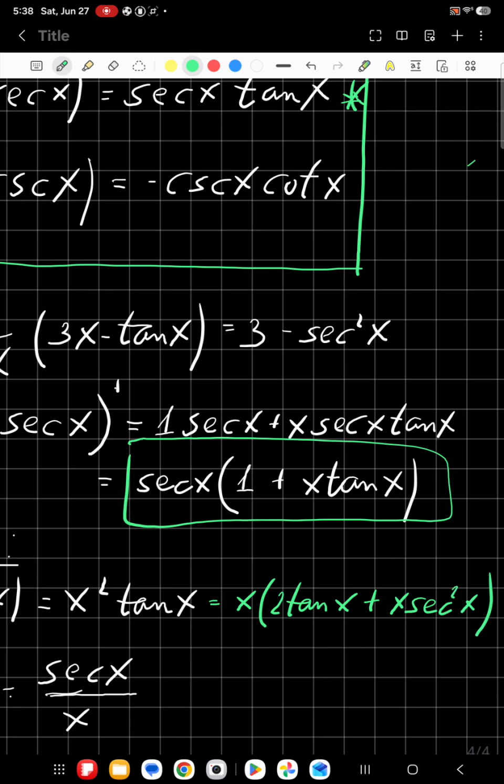All right, and the second one is secant x, and then in parentheses x tangent x minus 1, divided by x squared.